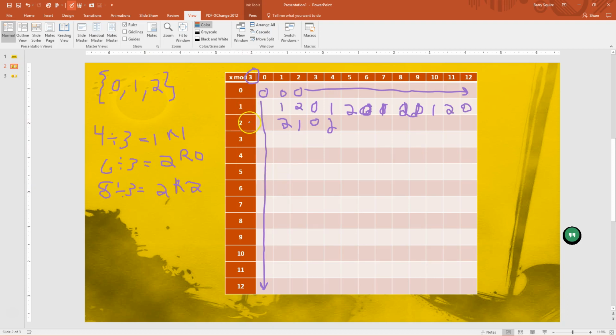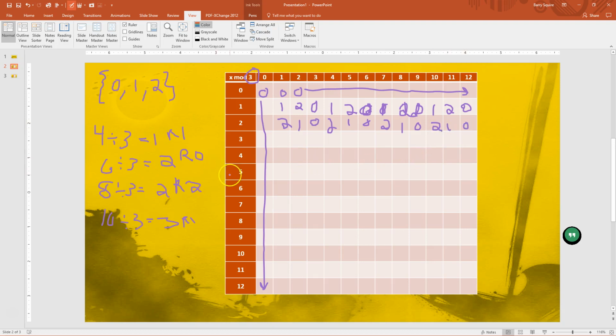Let's just double check. 2 times 5 is 10. 10 divided by 3. That's going to give us 3 with a remainder of 1. So it looks like that pattern is going to hold. 2, 1, 0.